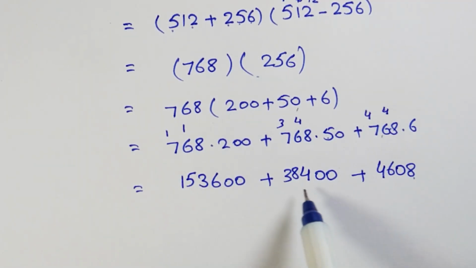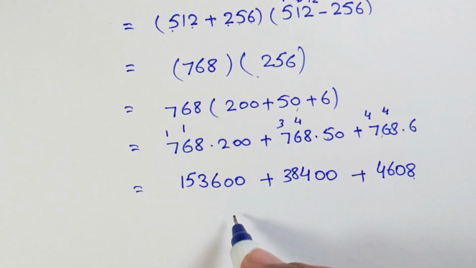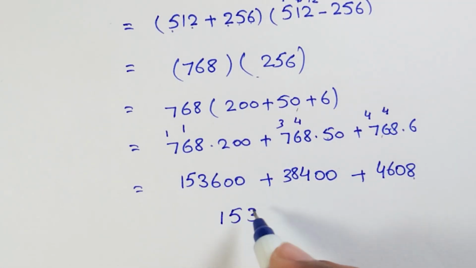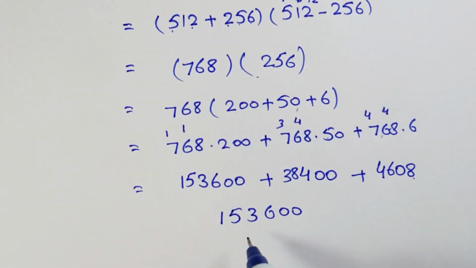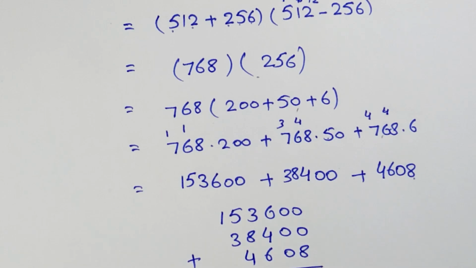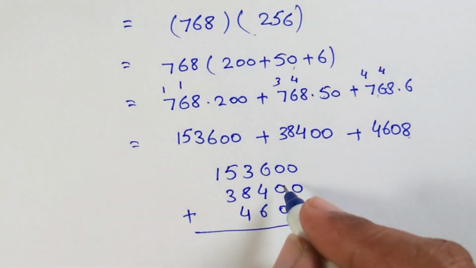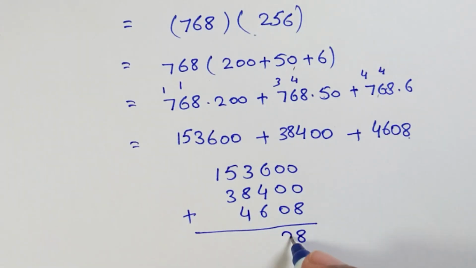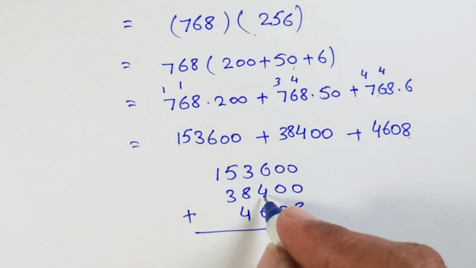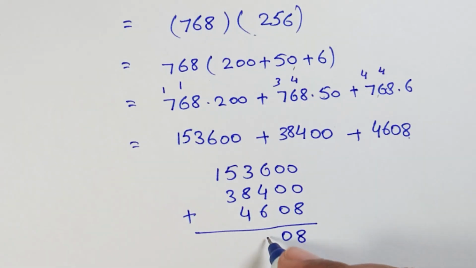So now we have to add all of these three values. 0 plus 0 plus 8 is 8. 0 plus 0 plus 0 is 0. 6 plus 4 is 10, 10 plus 6 is 16.